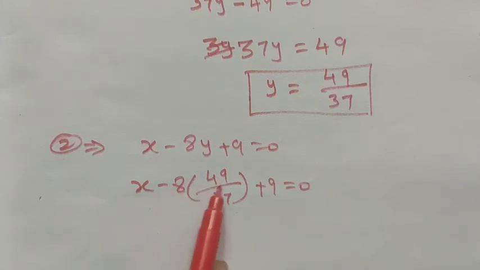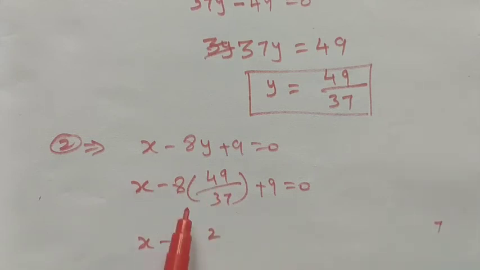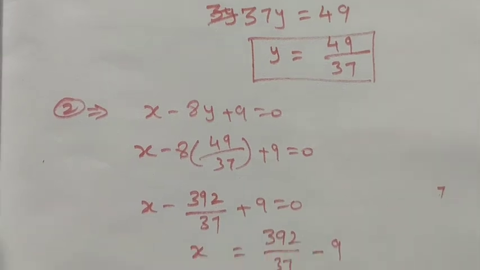Now multiply this term, what do you get? x minus 8 9s are 72, 2 remainder 7, 8 4s are 32, 32 plus 7 is 39 divided by 37 plus 9 equal to 0. Now take both terms to the other side, then x is equal to plus 392 divided by 37 minus 9, right?